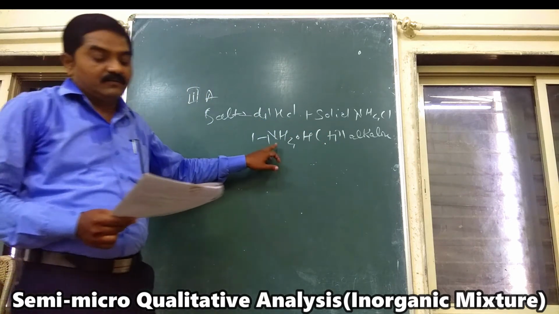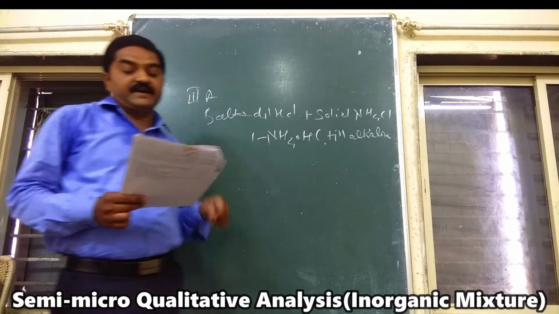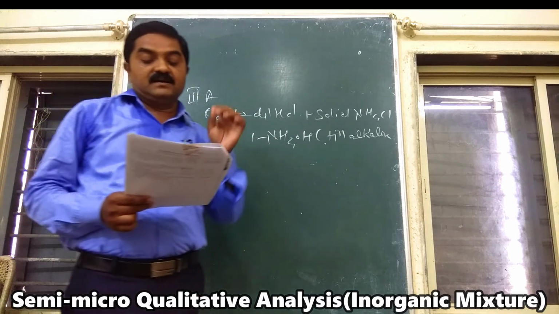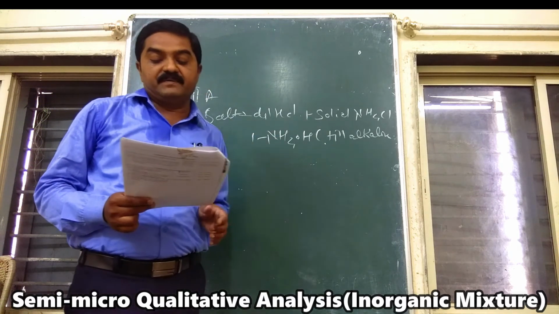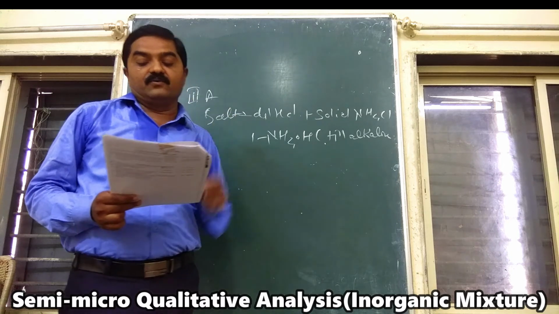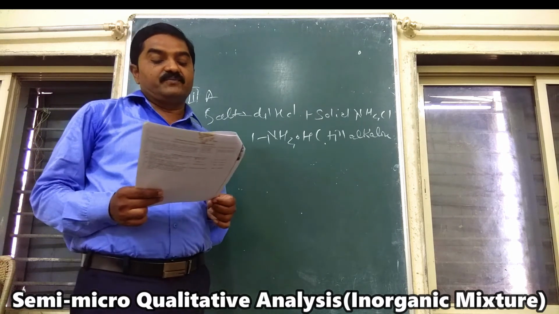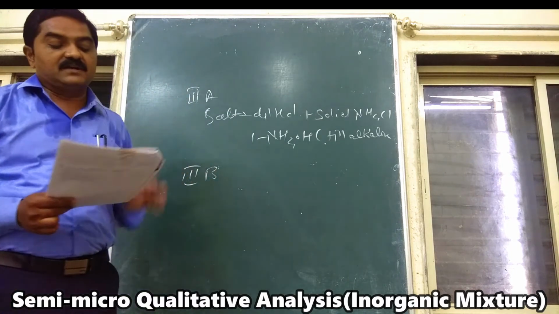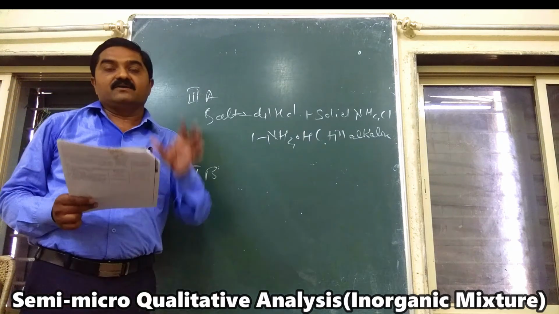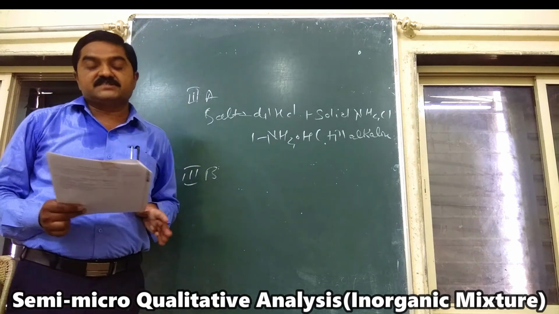If the color of the PPT is gelatinous white, aluminium may be present. Red brown PPT means iron may be present. Dirty green means ferrous may be present, and green PPT means chromium is present. So from the color of the PPT we can conclude which elements are present in the third A.